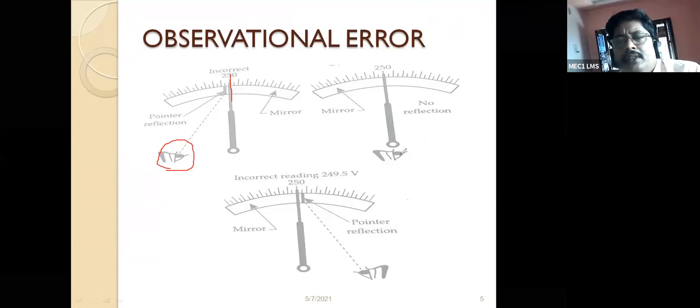When the human eye is at this other point, the needle is at the same position, there is no deflection, it is in the correct position. But when observed from here, it appears at this point. See, there is a variation. This is called parallax error.